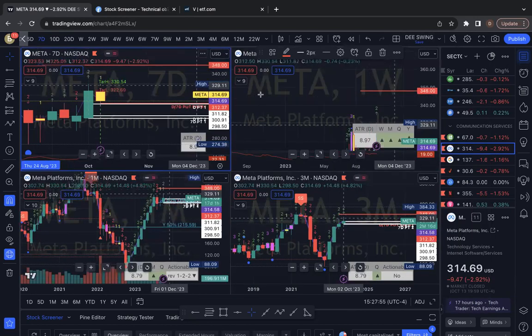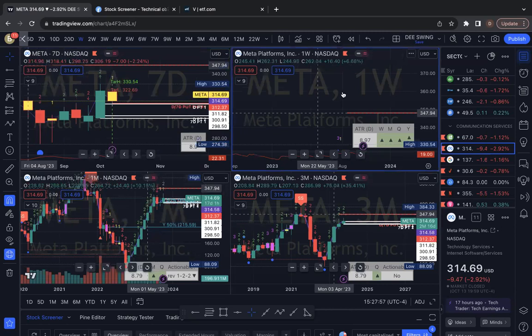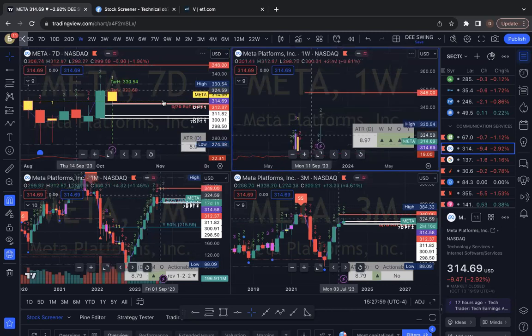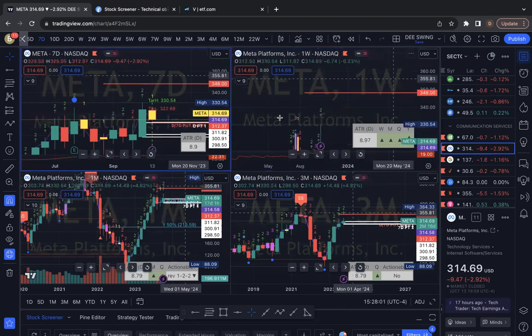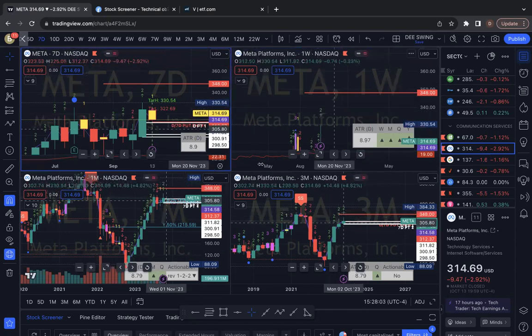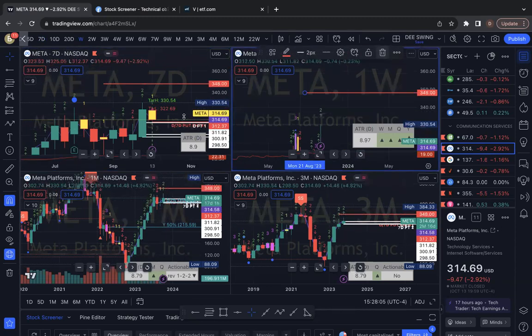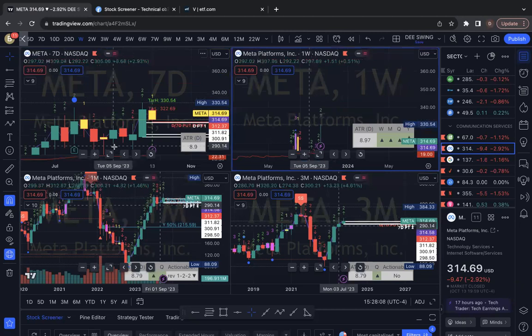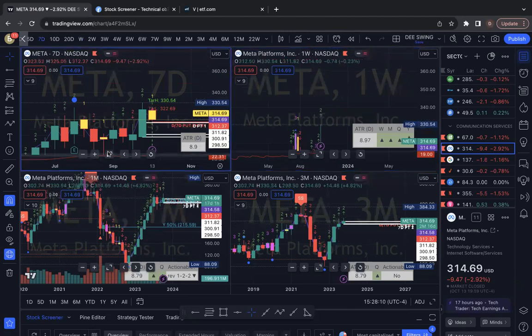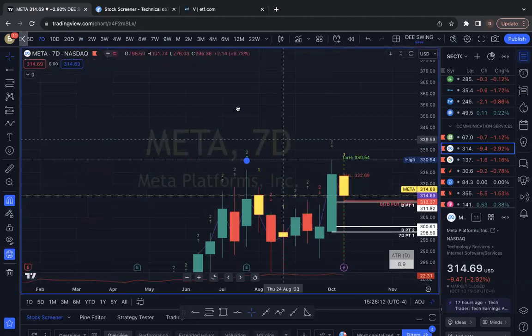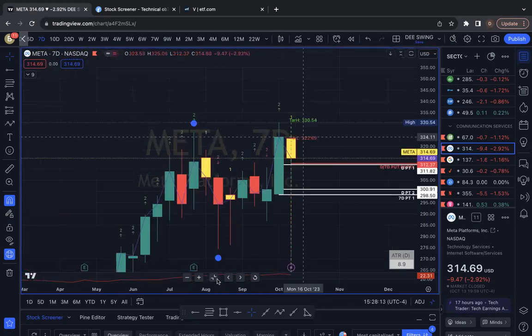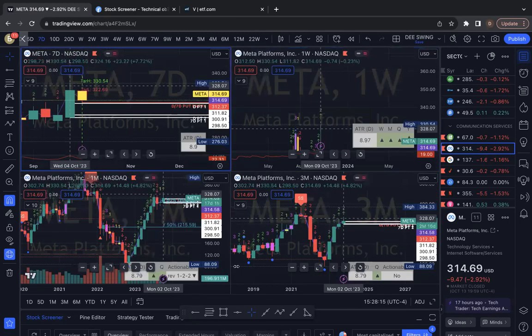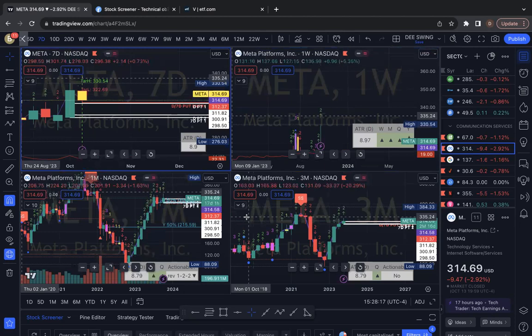A lot of times it did it for me that time, but a lot of times it won't show up on all other four layouts or whatever layout you choose. So what is best is if you want to just draw on one layout, just maximize it for the most consistent results. Just maximize it, draw what you need to draw, and then once you minimize it, it'll be on the other four every time.